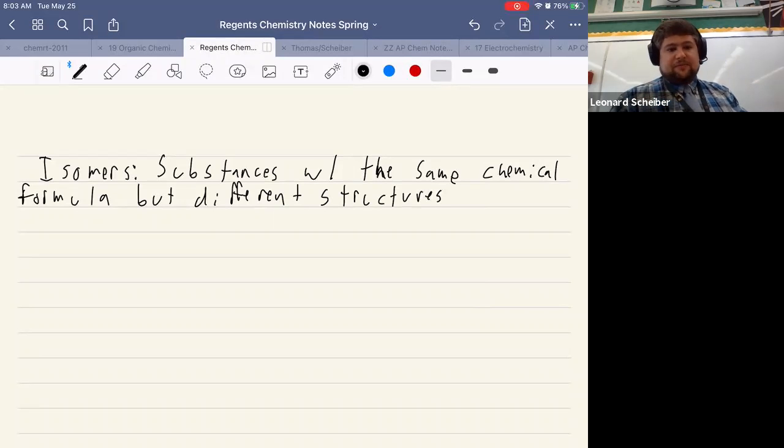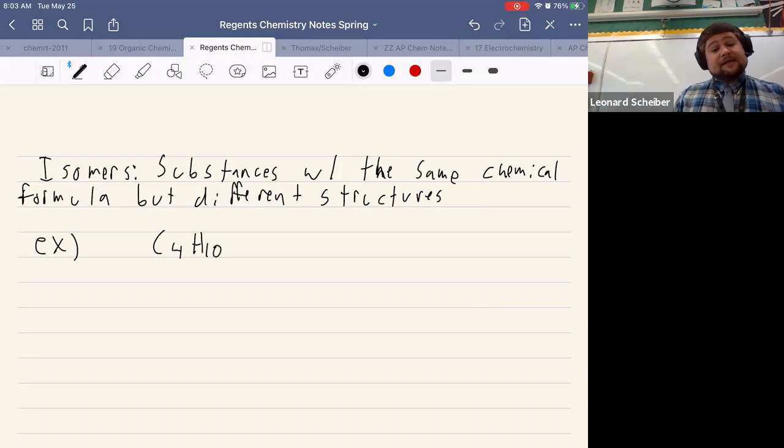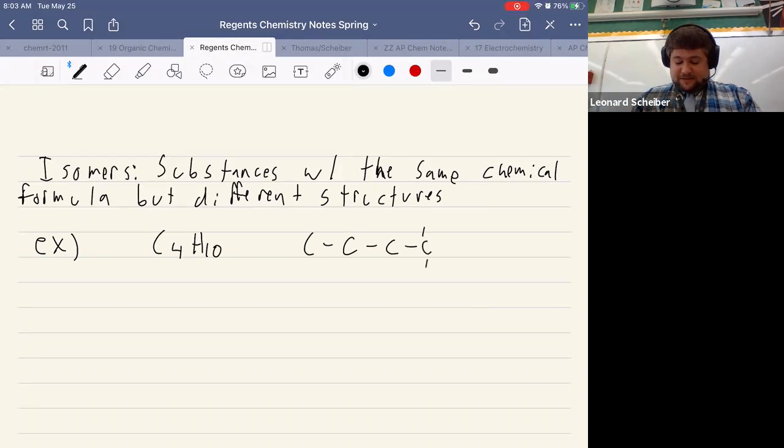Let's look at some examples. Let's look at the formula C4H10. Hopefully you recognize that as butane, an alkane, because of its formula. We could draw it like this. So this would be butane.